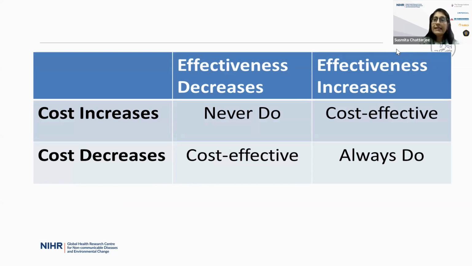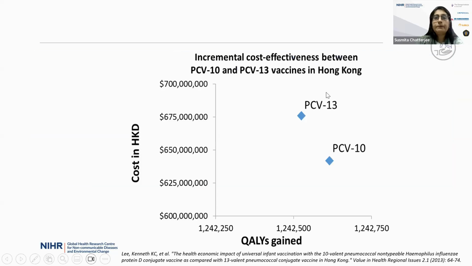Cost increases, effectiveness increases is your B, if you remember. Cost decreases, effectiveness decreases is D. And cost decreases, effectiveness increases is your A. You already answered those, but whether B and D will be cost effective or not depends on the threshold.